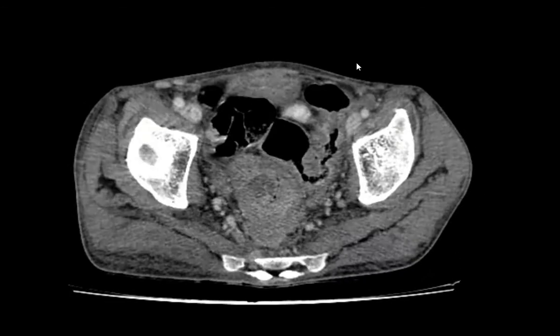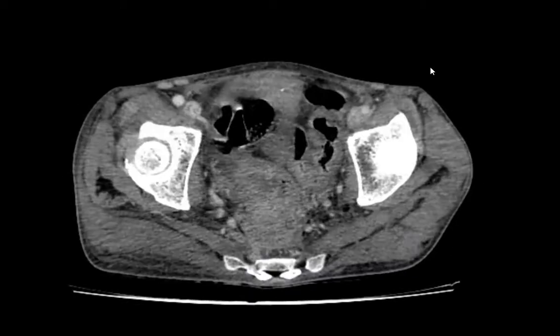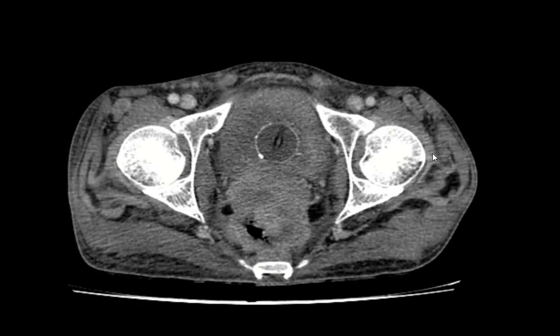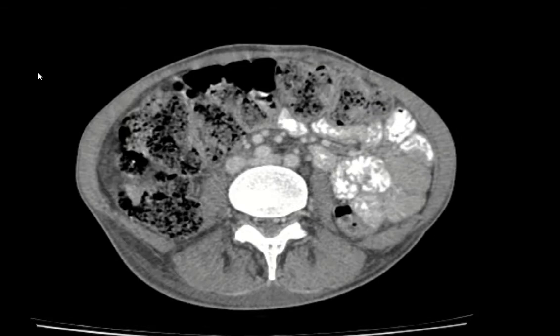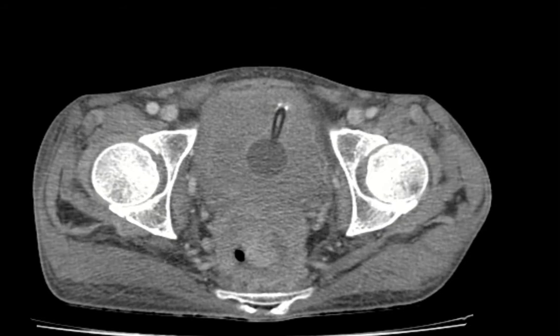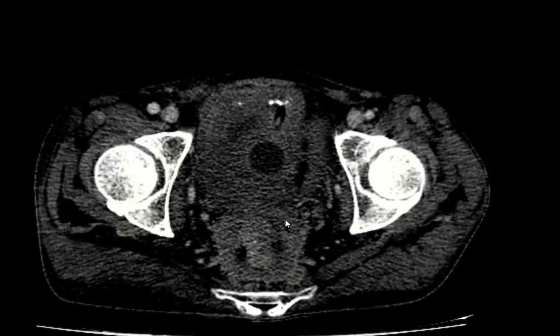So maybe this obstruction was chronic. We don't know how long the abscess has been there, and whether that has caused any changes in the urinary bladder.